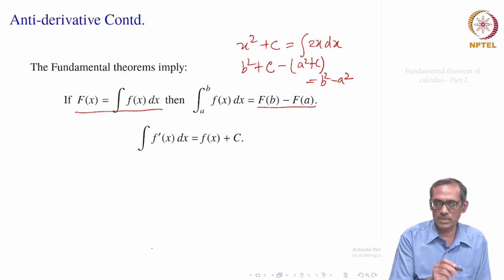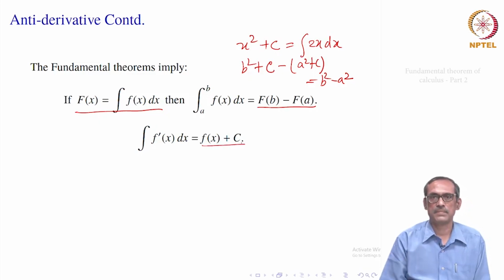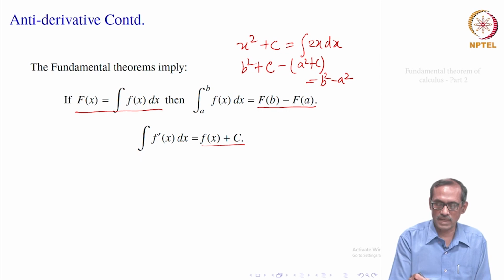And also we have seen the second fundamental theorem, that says the indefinite integral of F prime equals F of x plus c, where small f of x and capital F prime of x are related this way. In fact, we have done the definite integral a to x equal to F of x minus F of a, and the c accommodates that F of a. It can be any arbitrary constant.